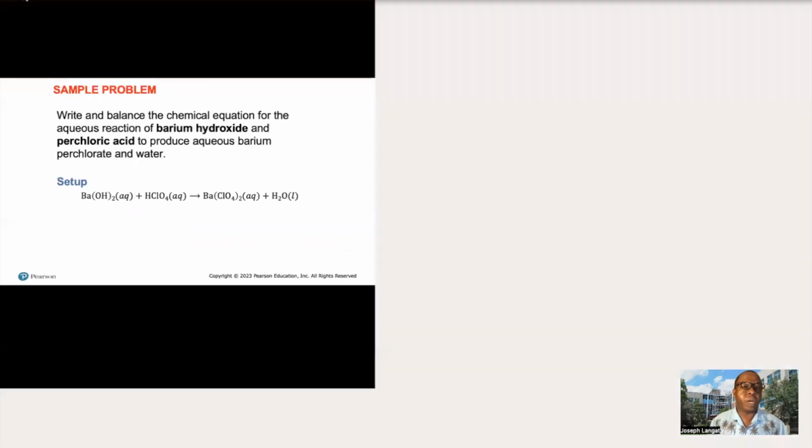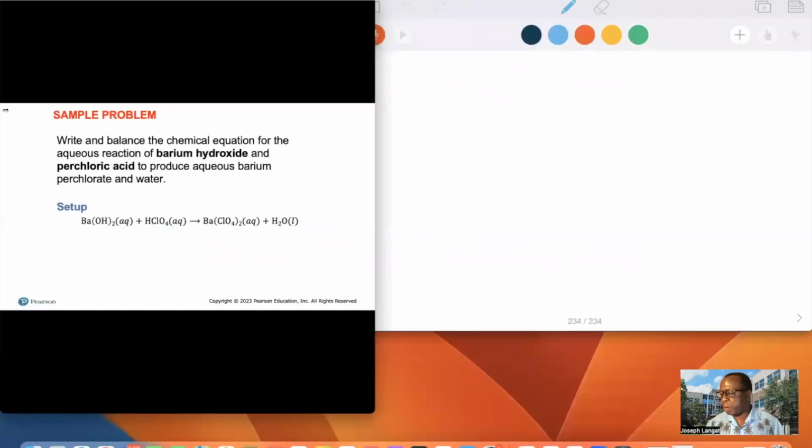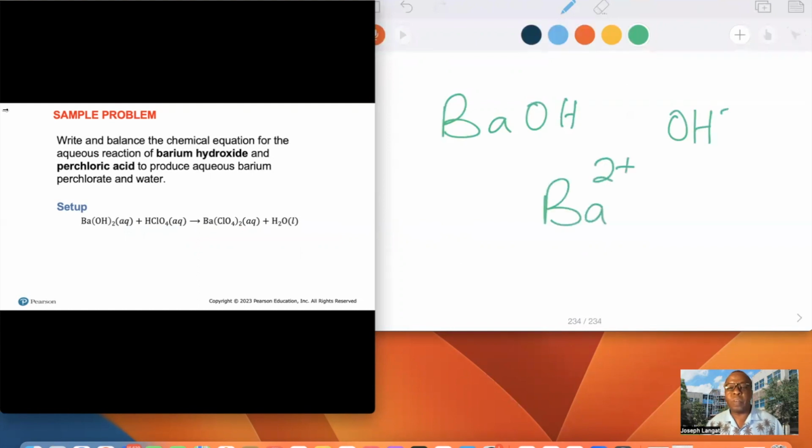I don't want you to think that barium hydroxide is BaOH. You need to understand that hydroxide is negative and barium is in group 2, so it has a charge of +2. And remember the crossover rule: Ba 2 positive and OH negative.